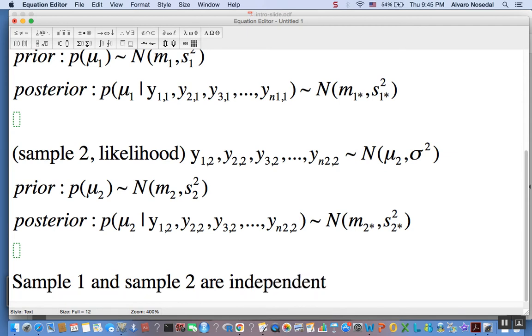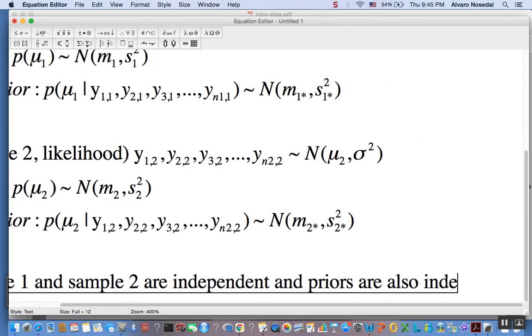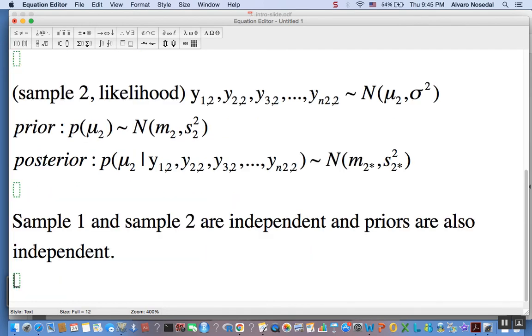We have two independent random samples, and the priors are also independent. Let me call the difference mu sub d, to refer to the difference between mu1 and mu2.